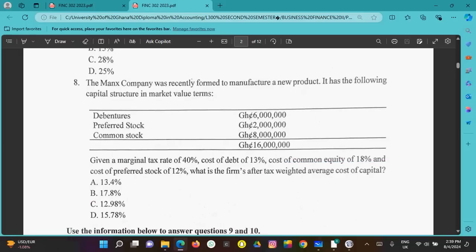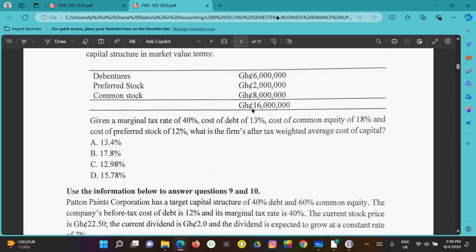Man's company was recently formed to manufacture a new product. It has the following capital structure: debentures of 6 million, preferred stock of 2 million, and common stock of 8 million, so they all constitute 16 million.